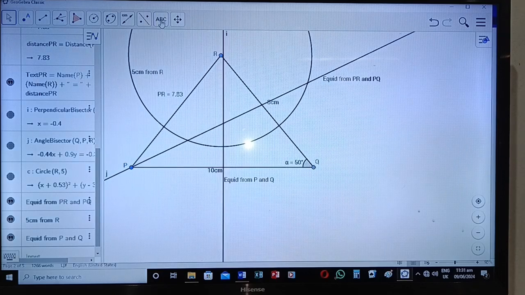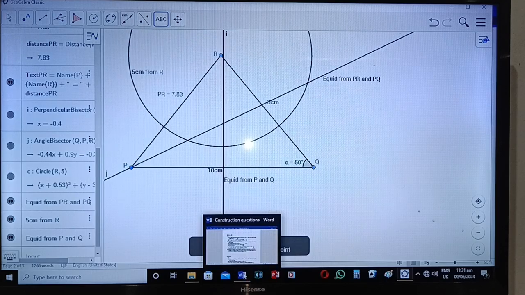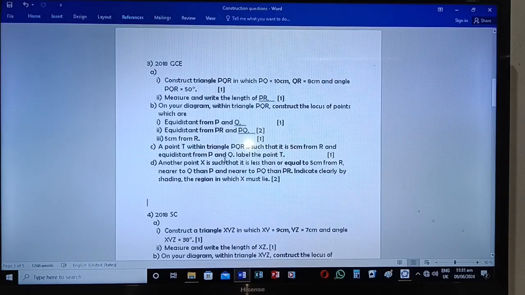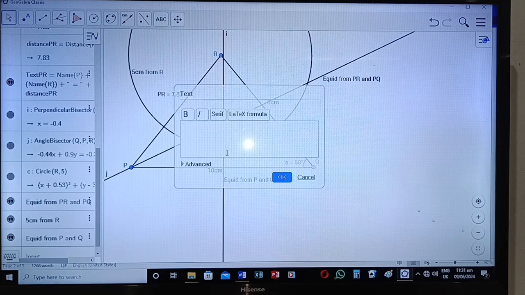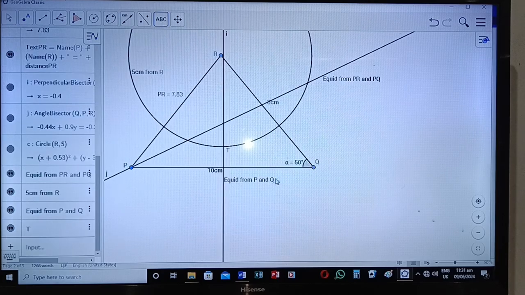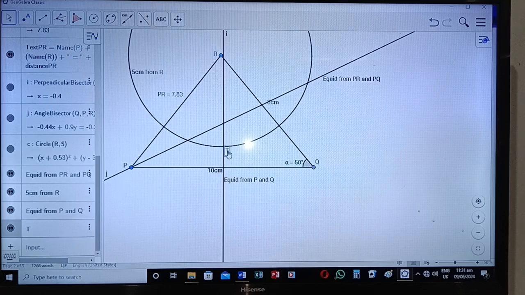We are told that the name of the point is T. So we can write capital T here, and you can see our T is there. Okay, so this is our point T.